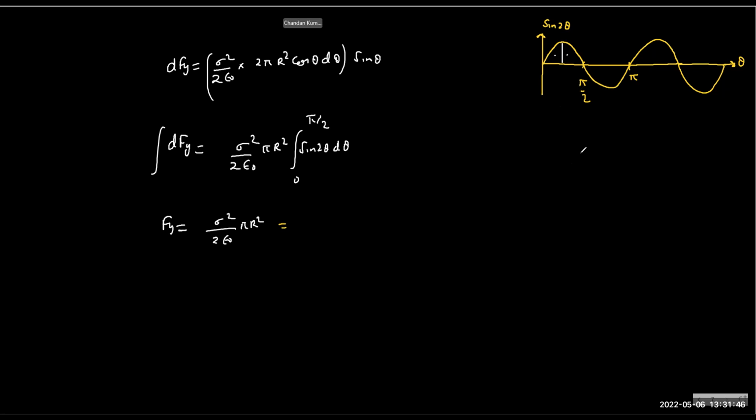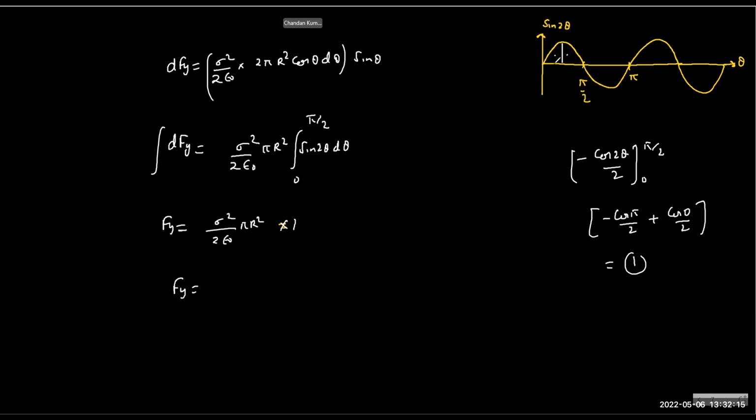Anyway, let's do it. The integral of sine 2 theta is minus cos 2 theta by 2. So this is minus cos pi by 2, that's cos pi actually, and plus cos 0. The answer is 1. Yes, 1 is the right answer.